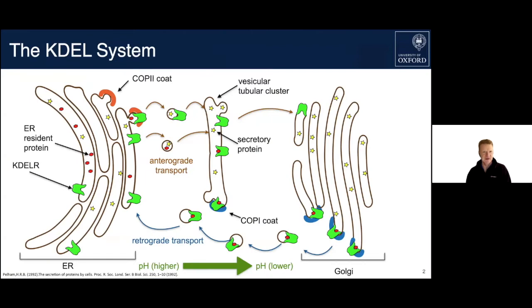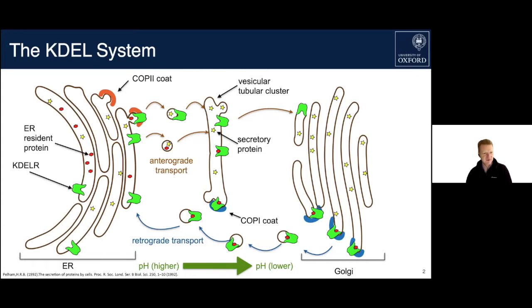The system we've been focusing on is the KDEL system. To introduce it, if you're not familiar with it, this is the system involved in trafficking secretory proteins through the ER, through the Golgi, and then to the plasma membrane. So it's moving from left to right on the screen here.